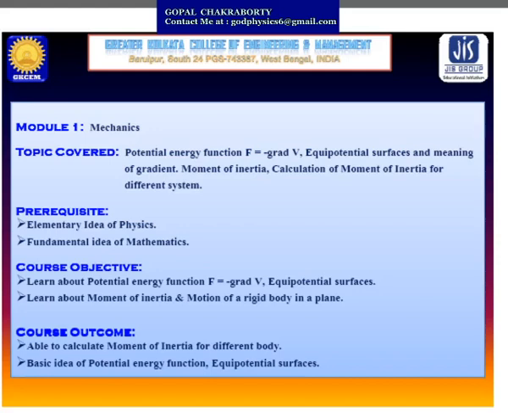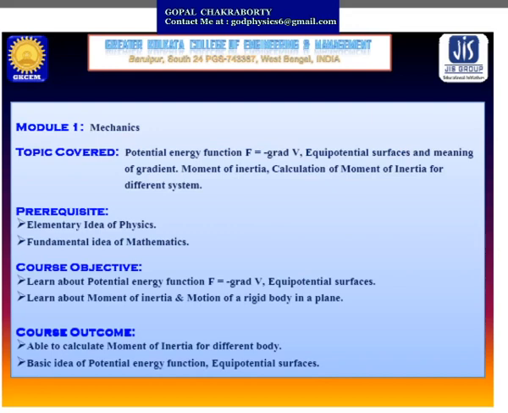The prerequisite for this course is an elementary idea of physics and a fundamental idea of mathematics. Course objectives are to learn about the potential energy function F equals minus grad V, equipotential surface, and moment of inertia and moment of a rigid body in a plane.